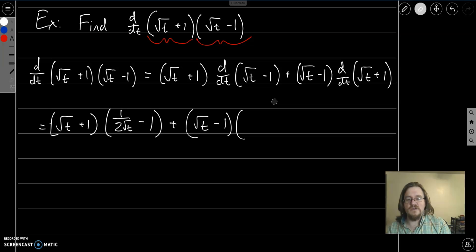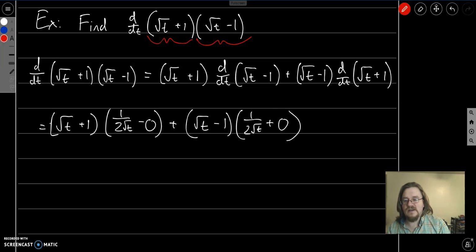The derivative of the square root of t is this, but the derivative of negative 1 is going to be 0. The derivative of 1 will be 0, so I need to write that in. So the derivative of square root of t is going to be 1 over 2 root t, and the derivative of 1 is going to be 0.